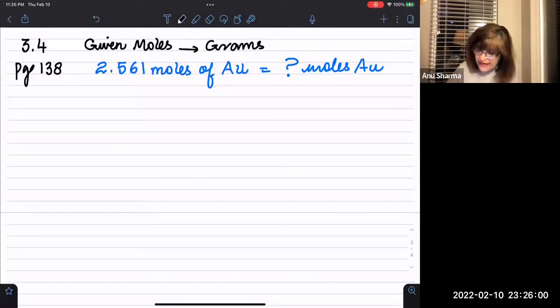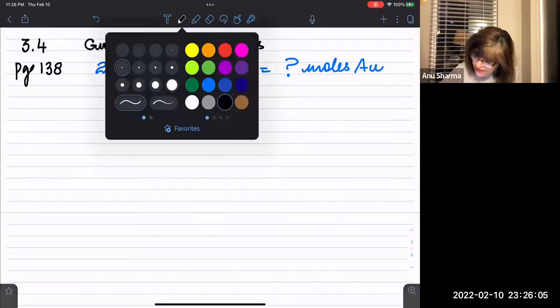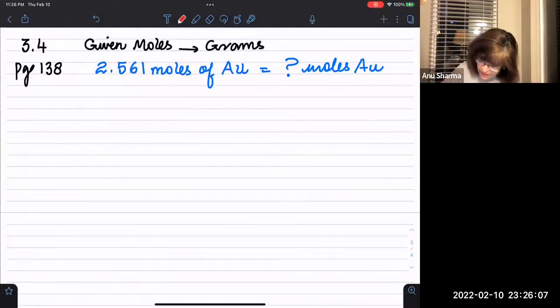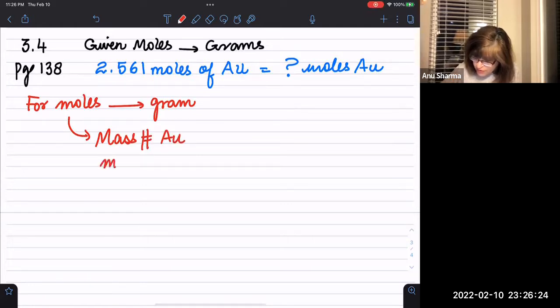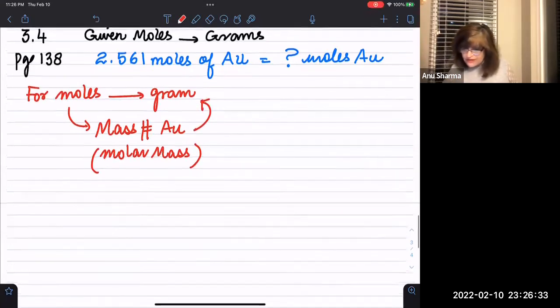Anytime you do grams to moles or moles to grams, for conversion from moles to grams, you would need the mass number of gold, and that is also called the molar mass of gold. And that's going to give you the grams. Okay, so this is our map.